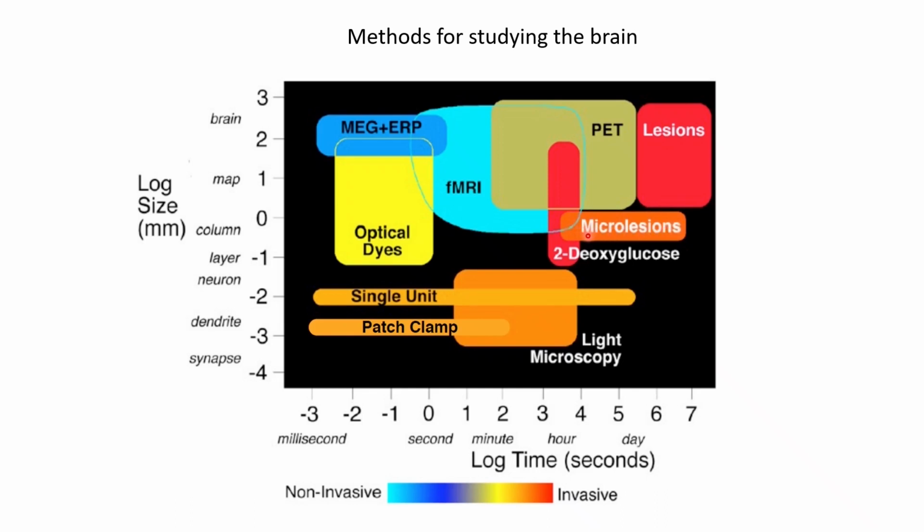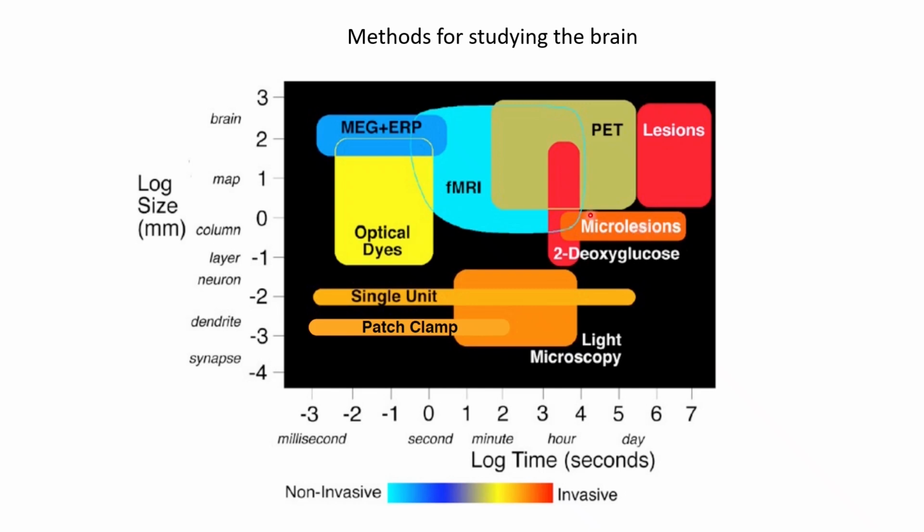So you apply some strong magnetic pulses to a small part of the brain repetitively, and then for a short time that part of the brain becomes inactive. This part of the brain may be on the order of sizes of millimeters, and this experiment can be done on the time scale of minutes or hours. And therefore, using these micro lesions, one can see what that part of the brain is doing by seeing what is the effect on the person.